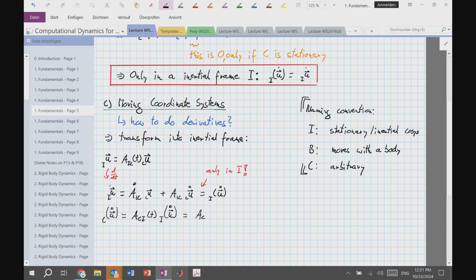And if I expand that expression, I get ACI times AIC dot times the vector u expressed in C coordinates, plus ACI times AIC times the numerical derivative of the coordinates of u in C.